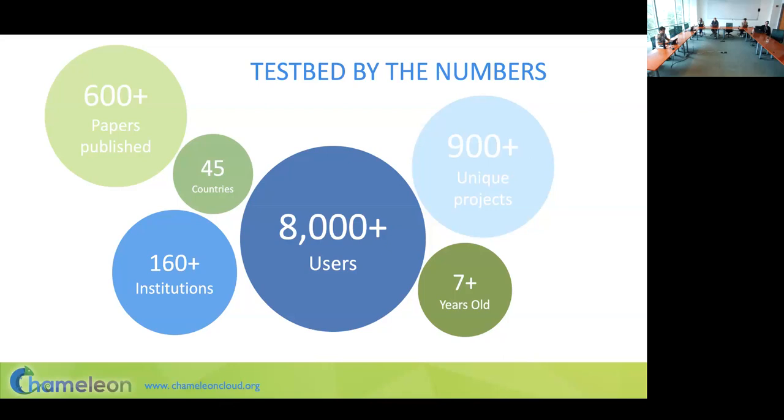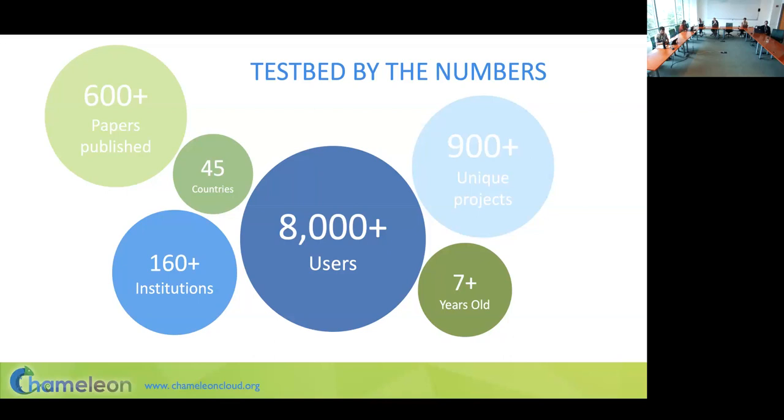I think we're like 13 projects shy of 1,000 unique projects. Now, in Chameleon, many users submit a research project in order to get access to the resources, in order to get an allocation, and then they just keep renewing that project, right? We don't count renewals in this number, we just count unique projects.